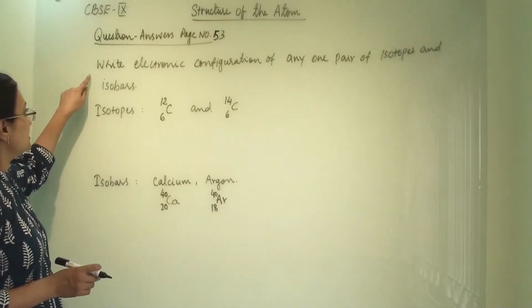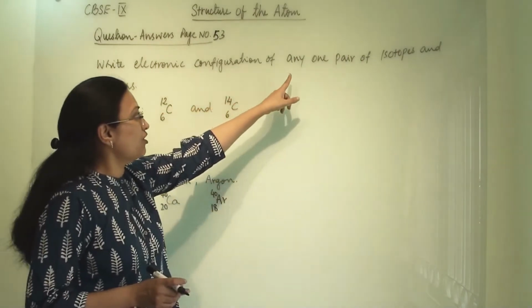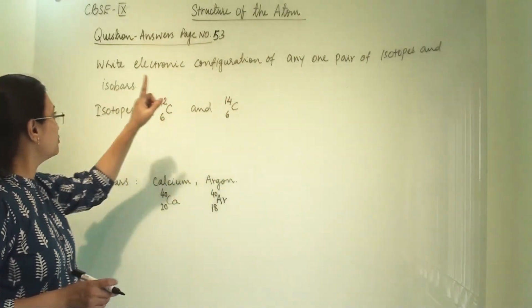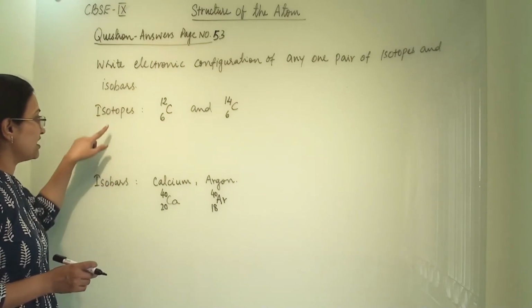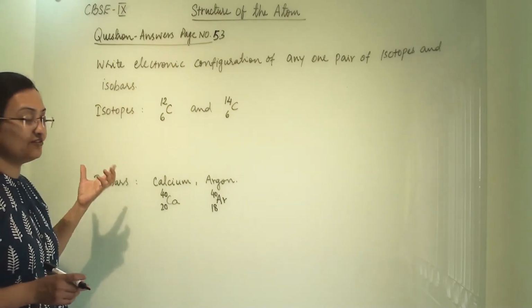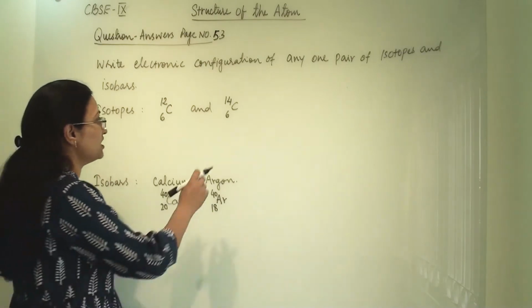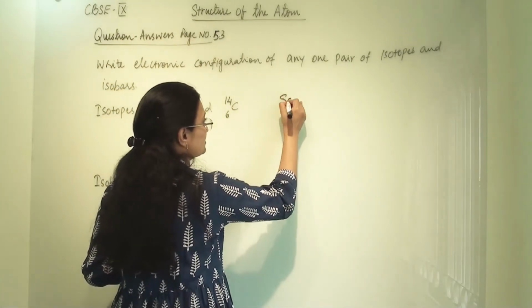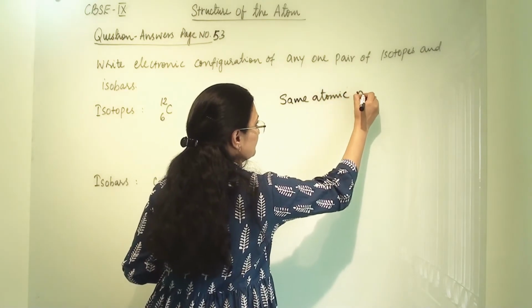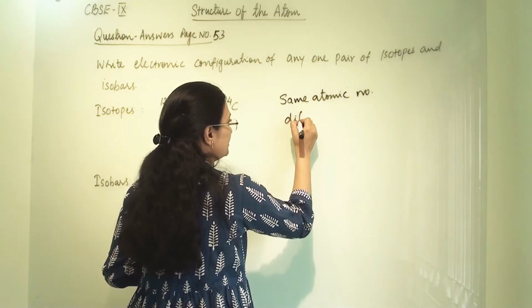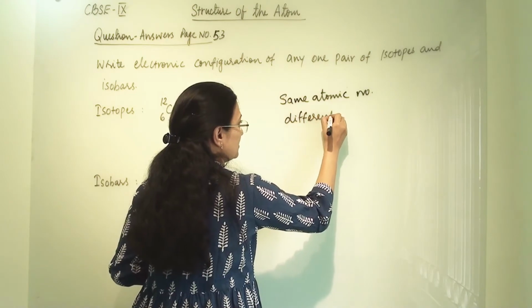Next question is, write electronic configuration of any one pair of isotopes and isobars. So here isotopes and isobars I have mentioned. Now what is the basic difference between isotopes and isobars? Isotopes have same atomic number but different mass number.